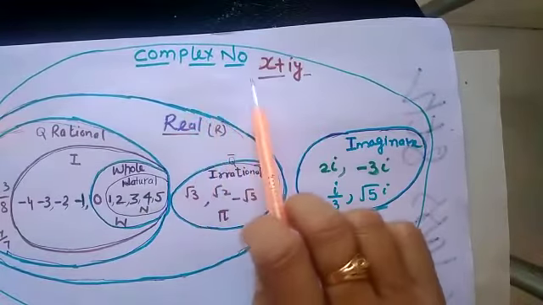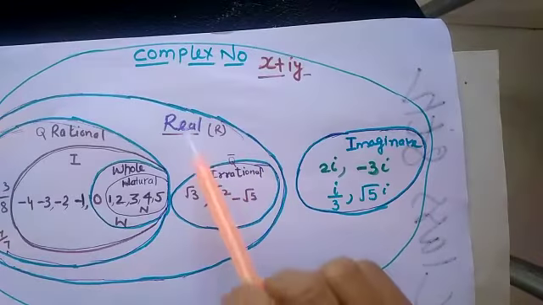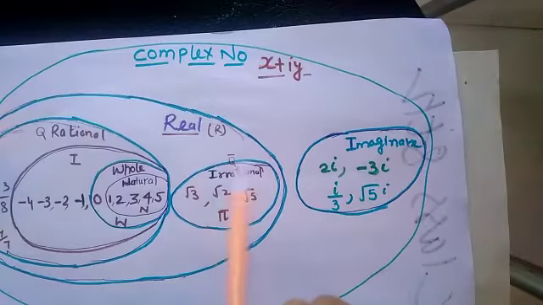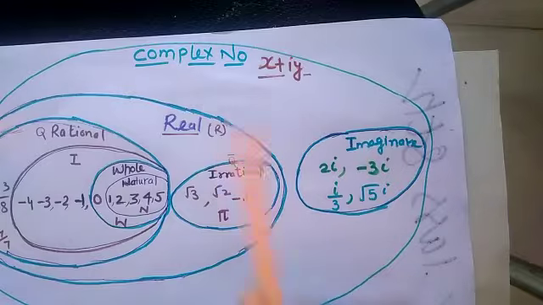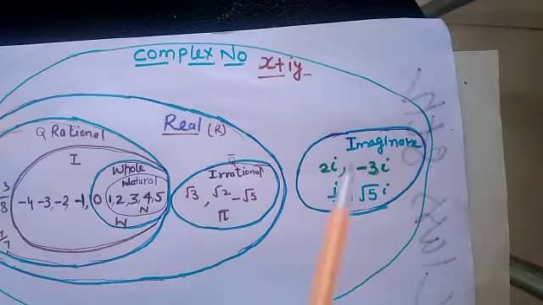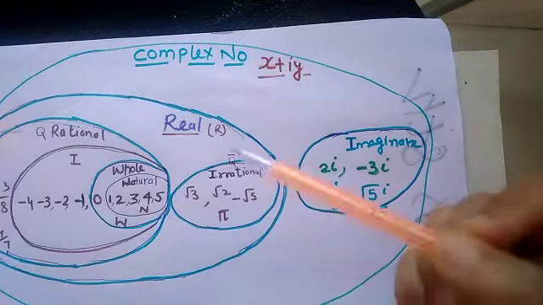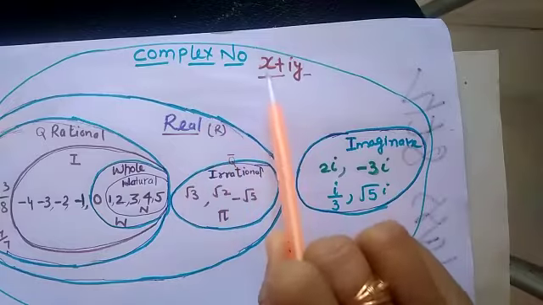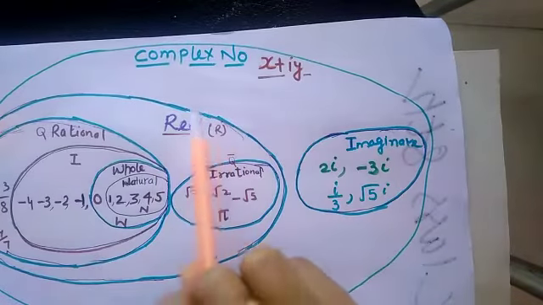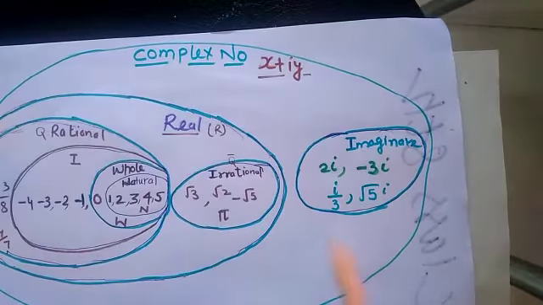Its name is complex number because it contains the real part as well as the imaginary part. That's why it becomes a complex number. Very much complexity is not there, but as a name, it's complex number. So x plus iota y contains a real part and an imaginary part.